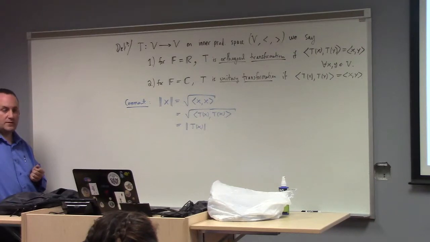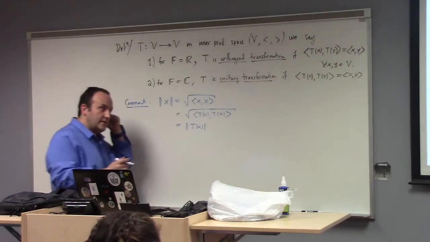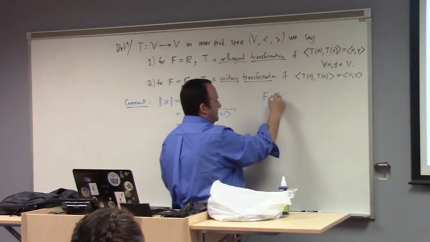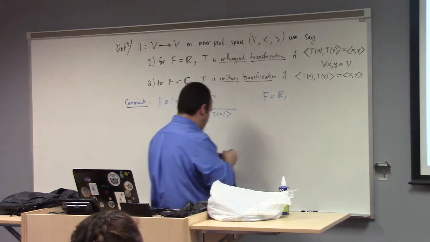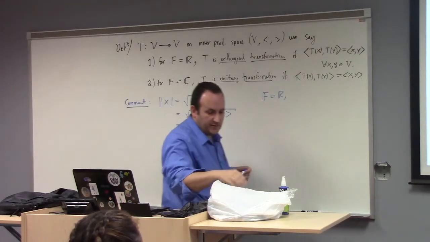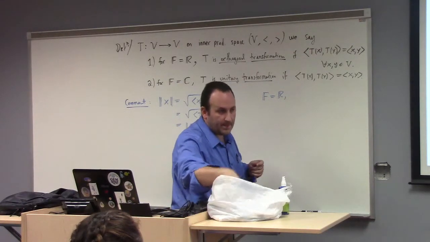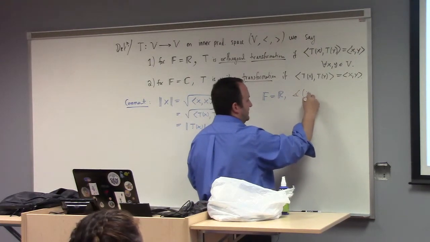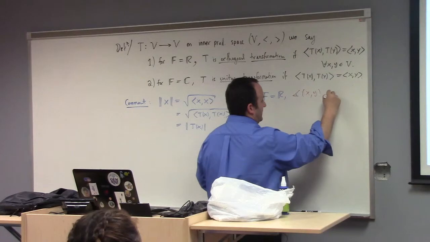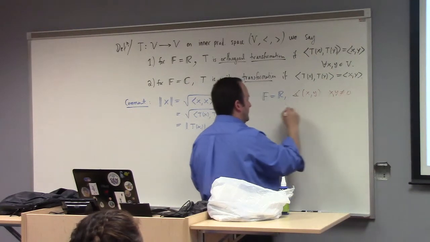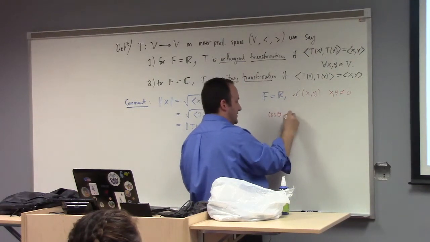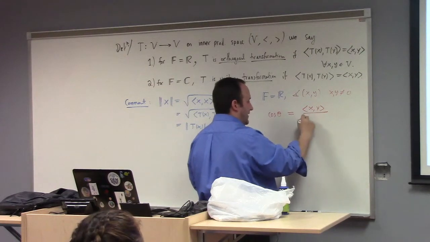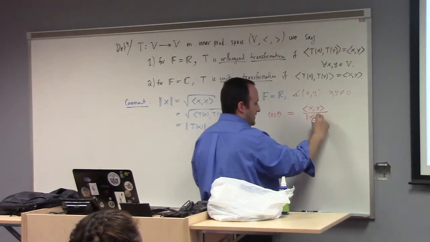All right? Another thing, of course, how do we define the angle? Let's keep it real for a second. Just to be specific here, take the field to be the reals. Remember, we said the cosine of the angle theta between vectors x and y, both non-zero, was by definition the inner product of x and y divided by the length of x times the length of y.